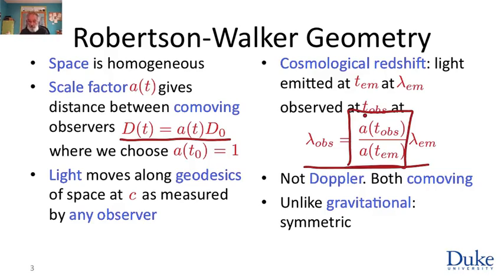All photons move out of a gravitational well. All photons are redshifted. In an expanding universe, all photons are blue shifted in the contraction phase, if there is one. And again, we can use this property that light moves along geodesics, means we can draw the straight lines along which we observe stars and so on, and measure the angles between them.